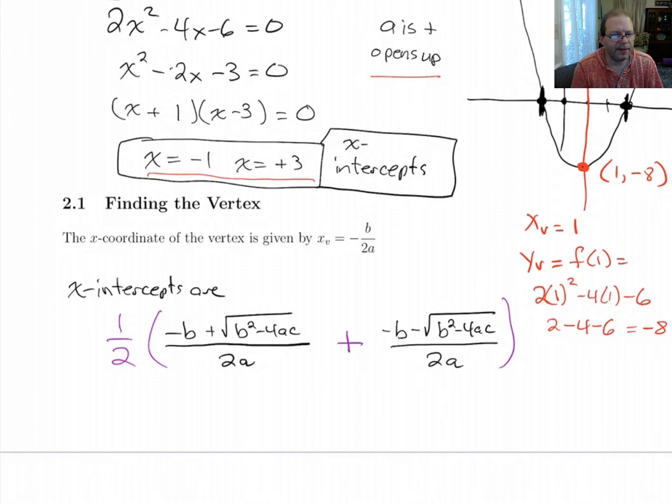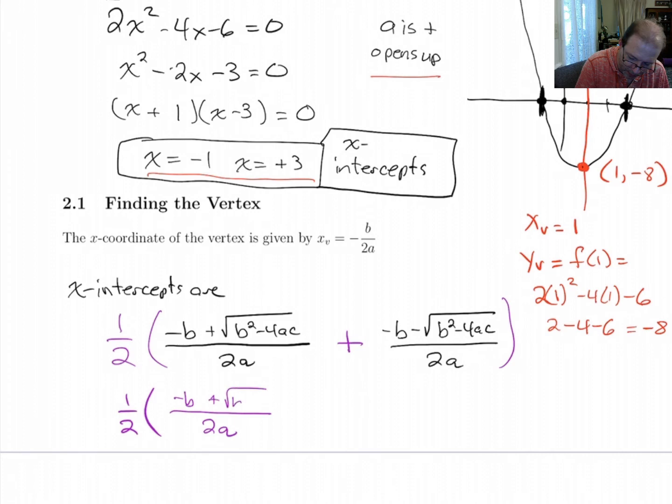So if I add these up, I get 1/2. Now inside my parentheses, the denominator is 2a. And so I've got minus b plus my discriminant. Then over here I've got plus negative b, and then minus the discriminant.